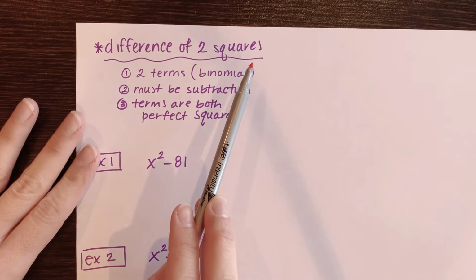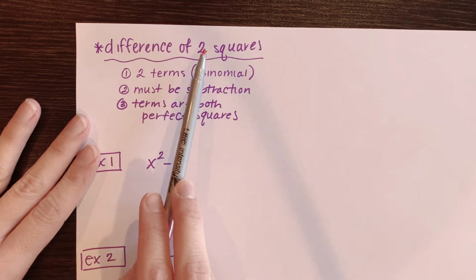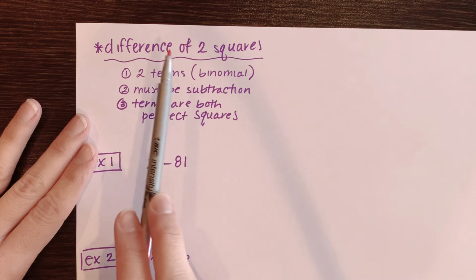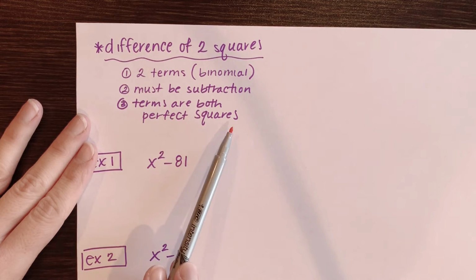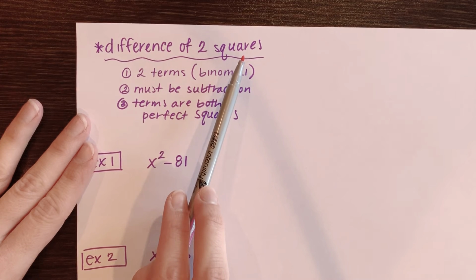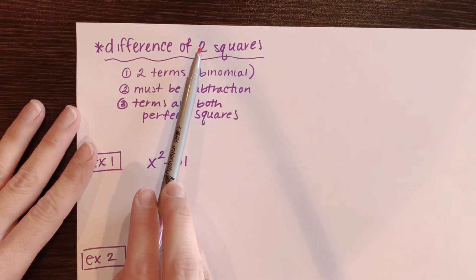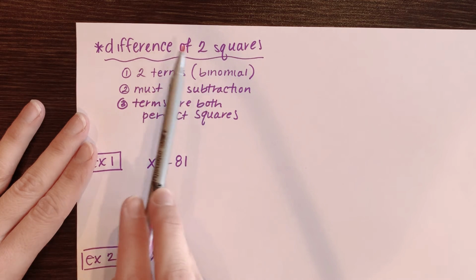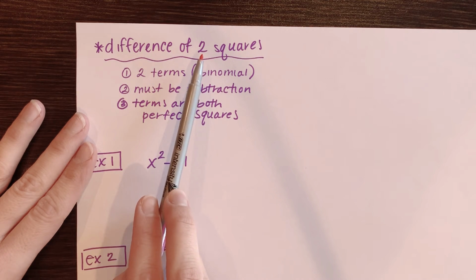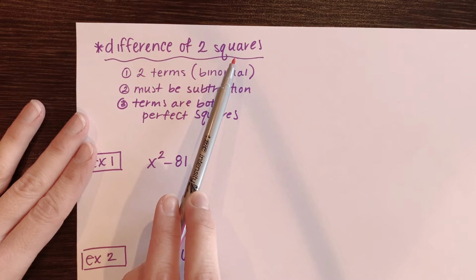Difference of two squares. It has to be a binomial, that's the 2. It has to be subtraction, that's why the word difference is there. And both of our terms have to be perfect squares. That's where the squares comes from. So the name itself gives you the 3 requirements. Difference of two squares: subtraction, binomial, perfect square terms.